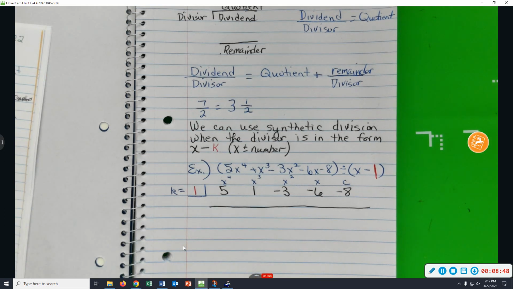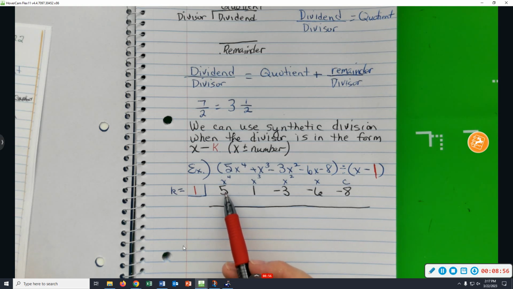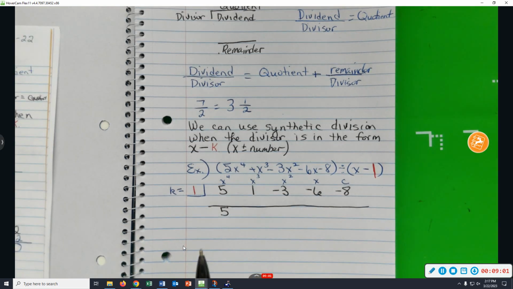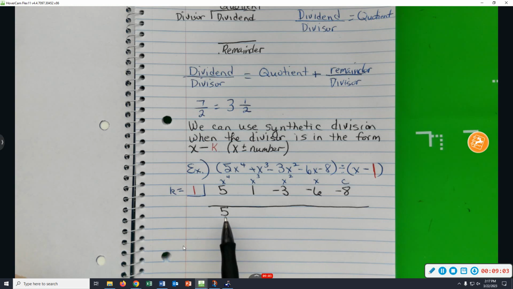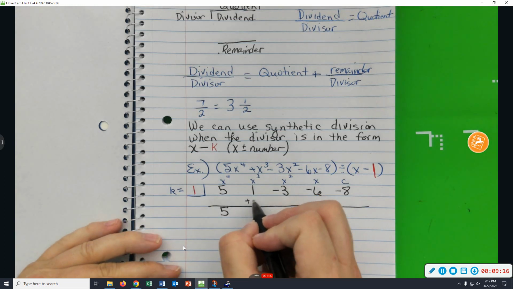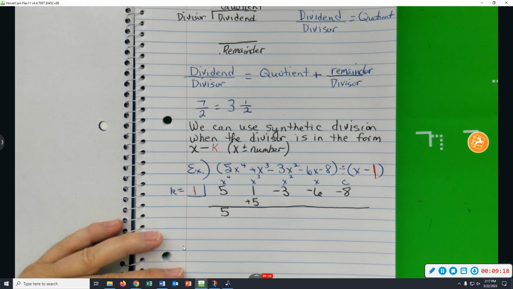This is going to take 4 lines total. The first thing you do, you take that leading coefficient 5, you carry it down. Then I go 5 times the k value. That's why I'm saying this isn't that great an example, but it's what we're stuck with. So it's a 1. 5 times 1 is a +5. 1 plus 5 is a +6.